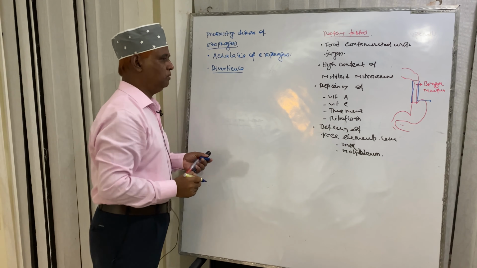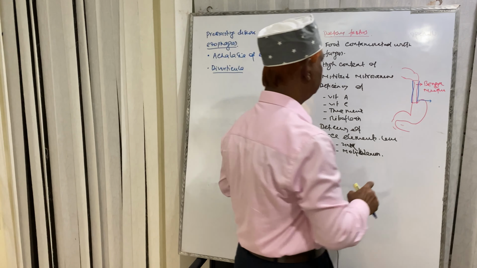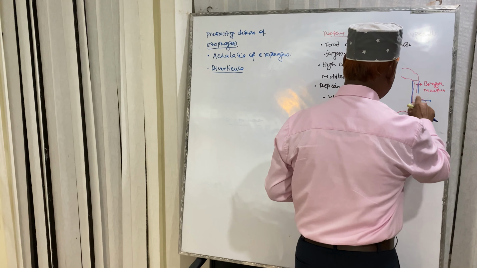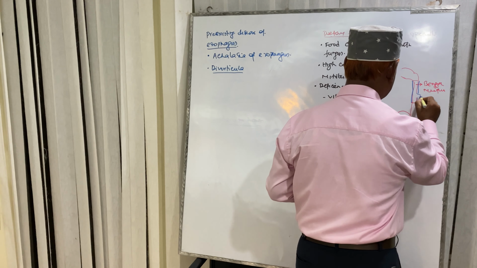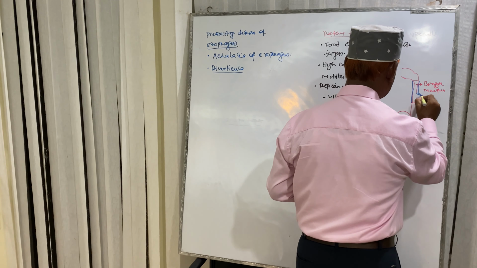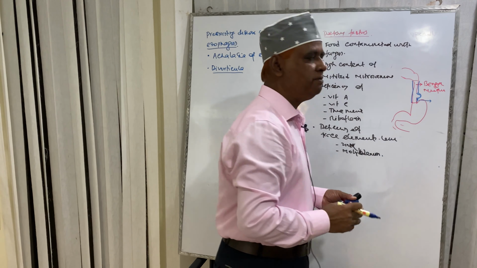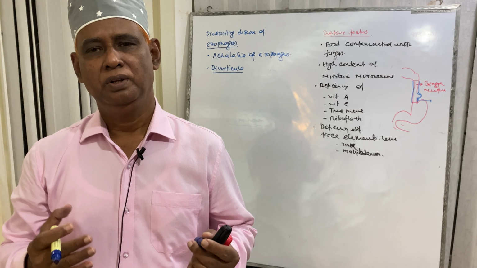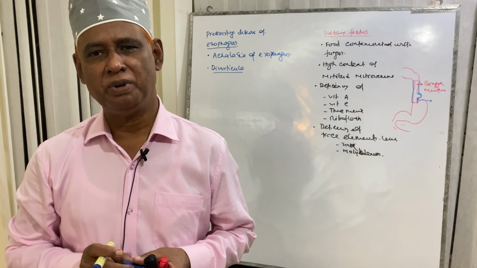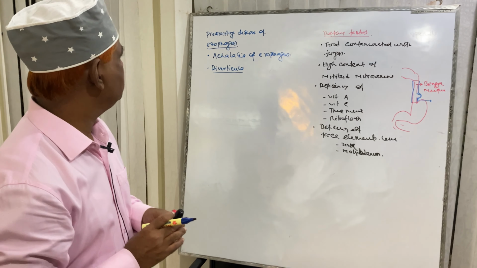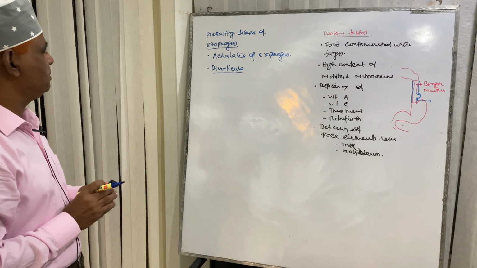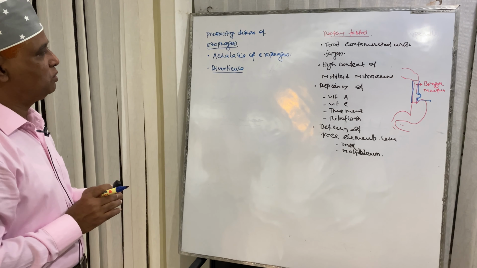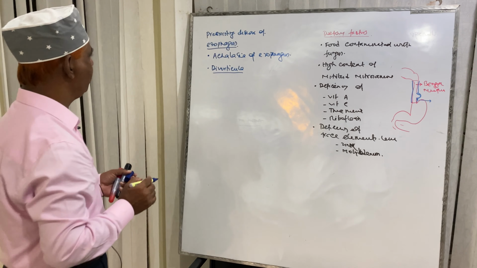If there is diverticula here in esophagus, like this, this diverticula may be associated with squamous cell carcinoma of esophagus. So these are the pre-existing diseases of esophagus that may lead to esophageal carcinoma.